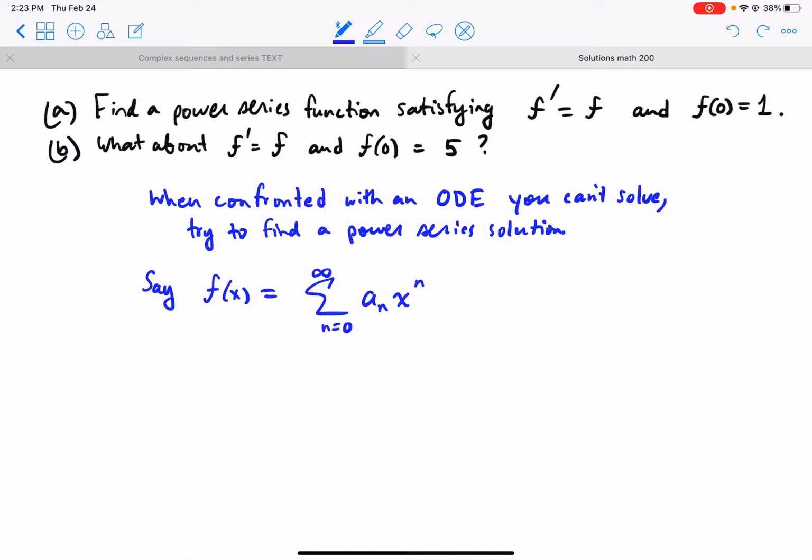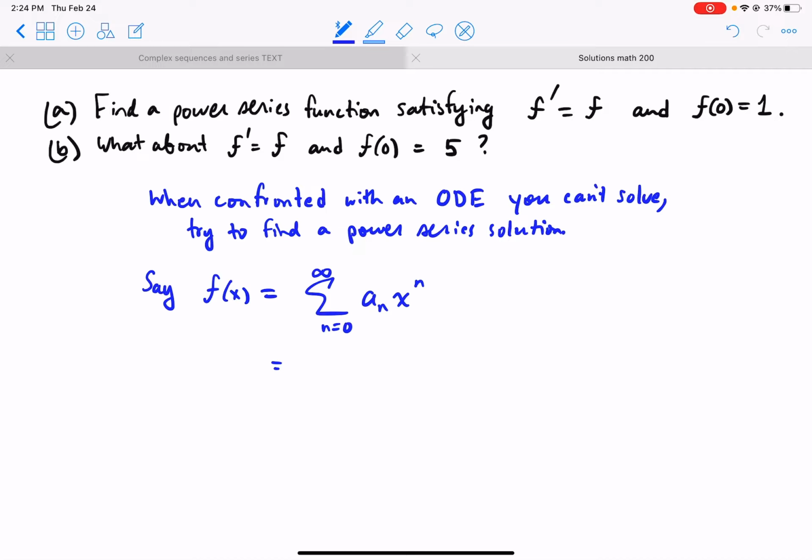Because we know what we want at x equals 0, something to be 1. When we plug in 0, we want everything to go away. So actually centering it at 0, meaning if we did like x minus 5 to the n, that would be bad. It would just make this harder.